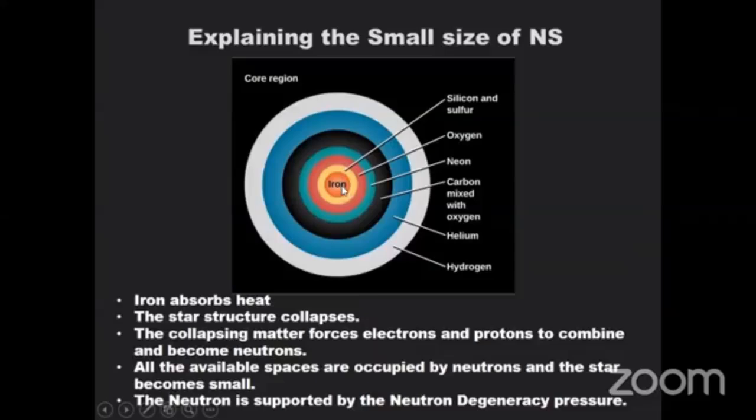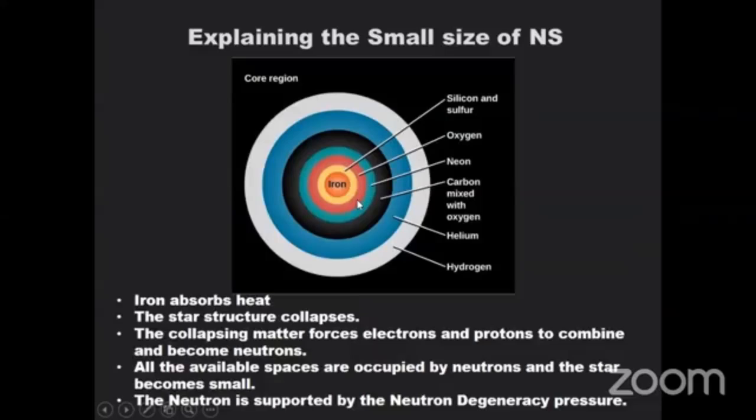And secondly, iron absorbs heat. And you know, heat produces the radiation pressure that supports the structure, the edifice of the star. So when the heat is gone, there's no longer radiation pressure, so the star is going to collapse.